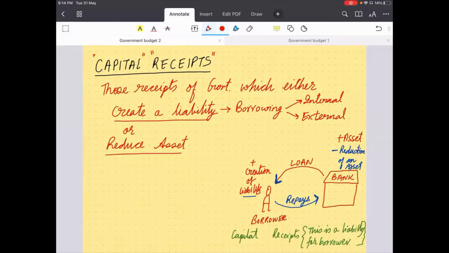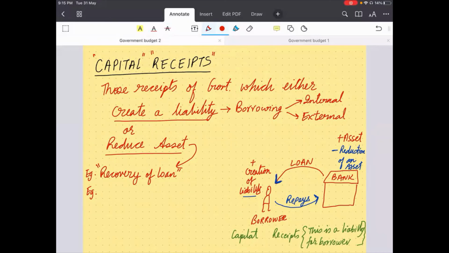And when we talk about reducing of an asset, this means the government has given some loan and it is recovering it. So it is recovery of loan. Otherwise, government has various companies running in an economy, right?